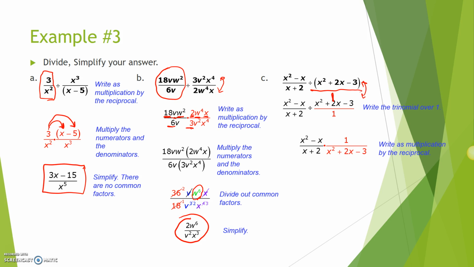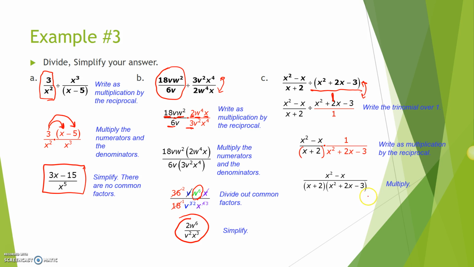So now we're going to multiply. So we get x squared minus x times 1, which just becomes x squared minus x. And then we're going to multiply the bottom, x plus 2 times x squared plus 2x minus 3.